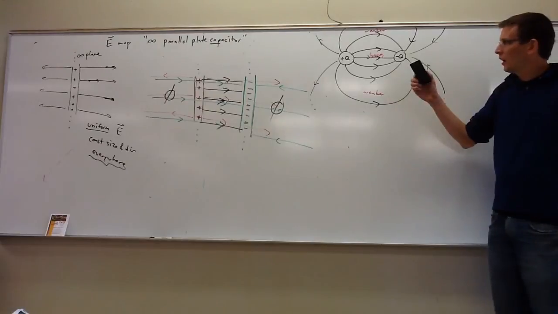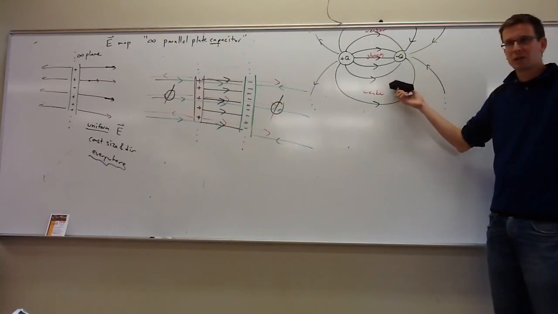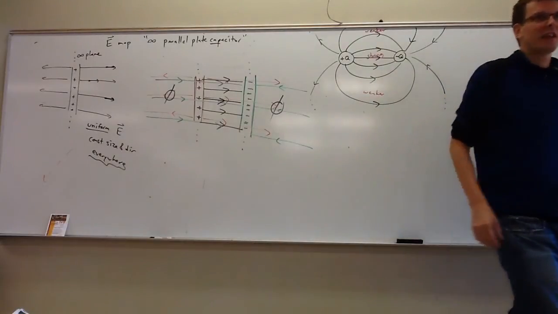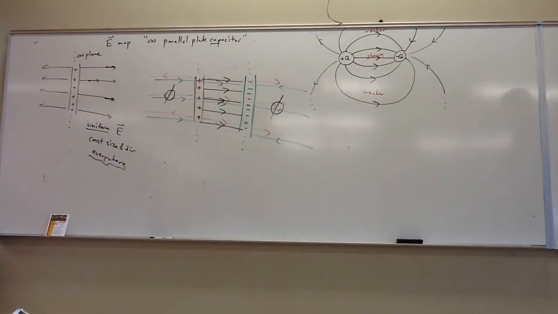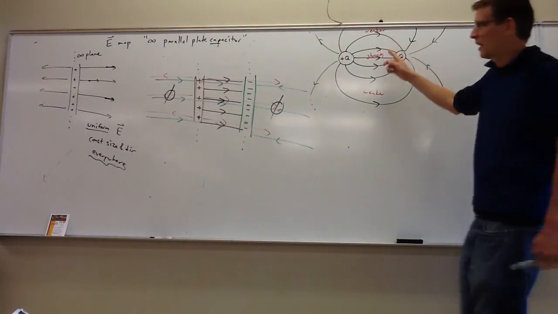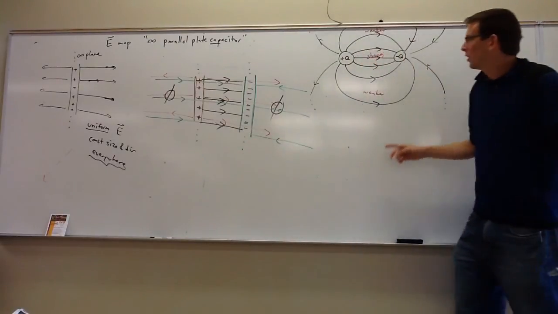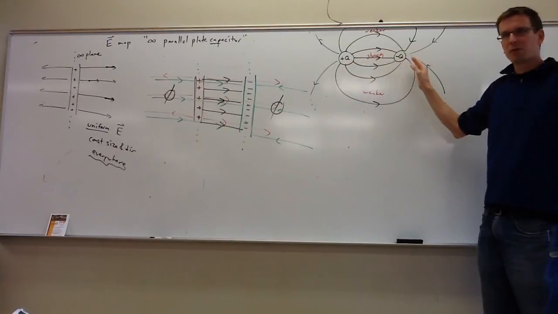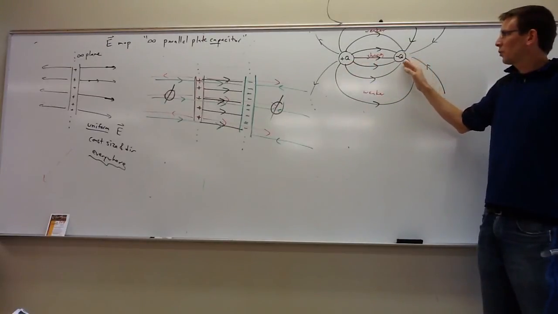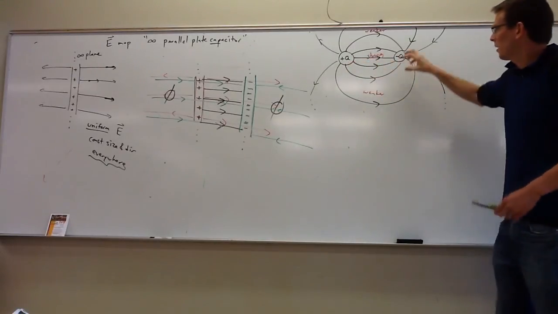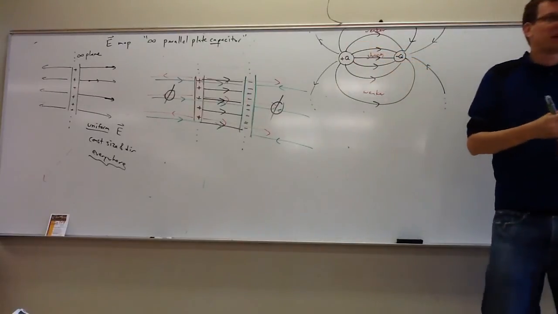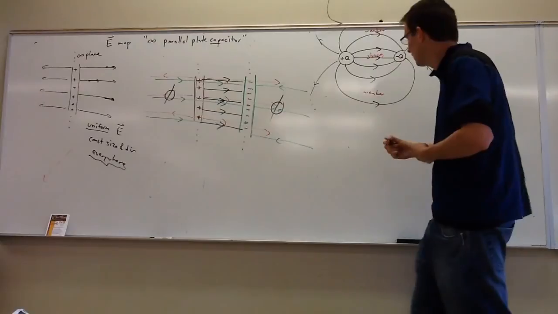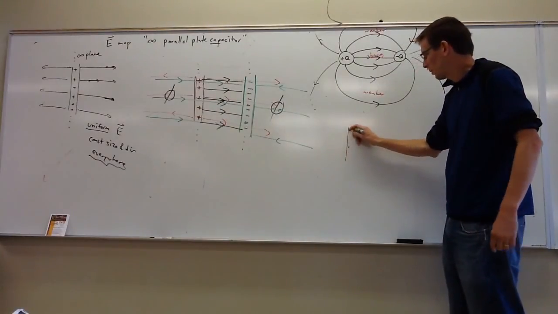So there's the two field maps that we have so far: the electric dipole and the infinite parallel plate capacitor. Now let me fill in the missing link, because there is a beast that is halfway between these two. If we took this dipole, which is of course just 2 point particles, and imagine that these point particles are like Play-Doh, and we smush them and stretch them out into a small plate, we have what's called the finite parallel plate capacitor.